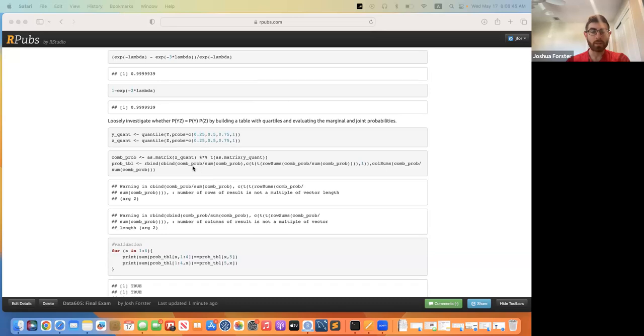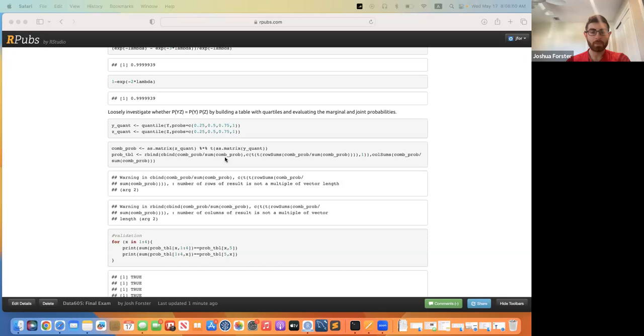To create the table, I summed up the total column and total row values.